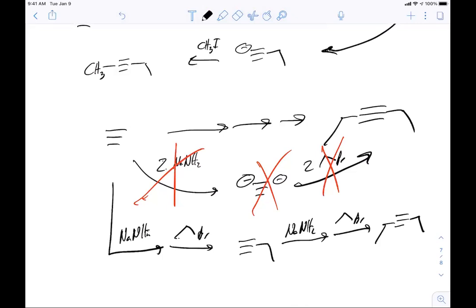Add one side, then go ahead and add the other side. Okay, other questions?